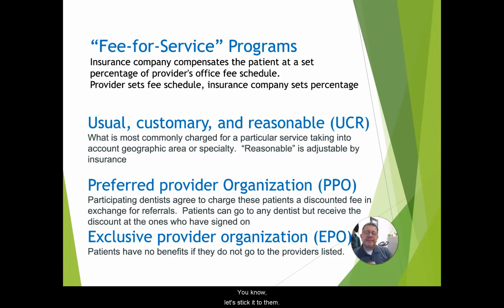Let's stick it to them. So the insurance companies have learned that this actually happens. And so they will say, no, that's not what you should be charging. It needs to be reasonable. Okay. So the insurance companies will pay what they think the UCR should be, not what you think.